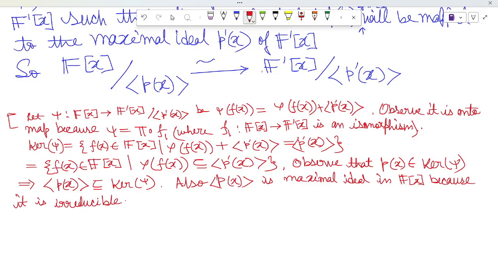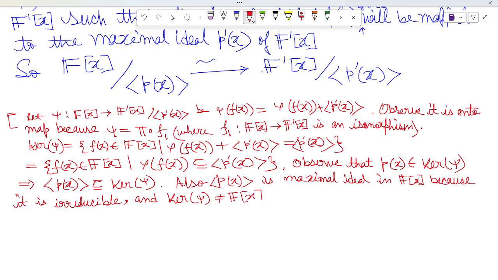Because it is irreducible. And the kernel of psi is not equal to f[x].